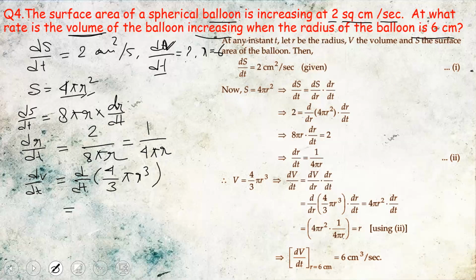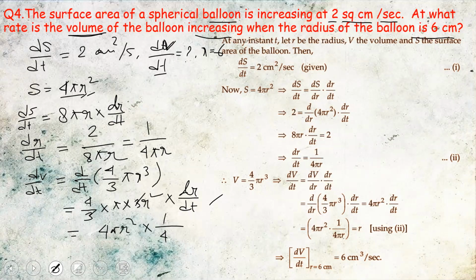If we differentiate this, it will come 4/3 into π into 3r² into dr/dt. So put the value of dr/dt, and ultimately the 3 cancels, that is 4πr² into 1 upon 4πr. 4π cancels, and only the remaining value is r.